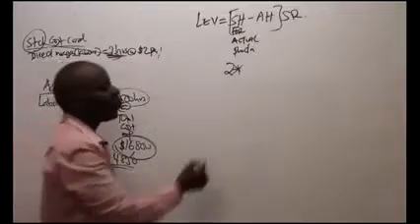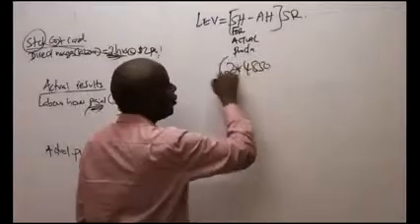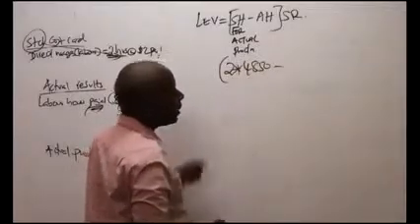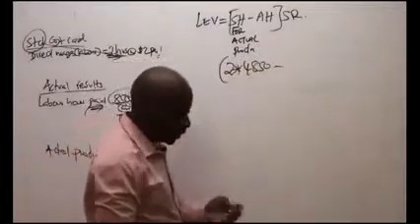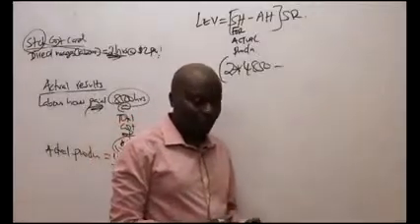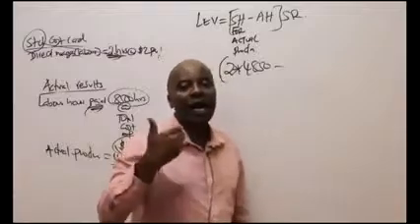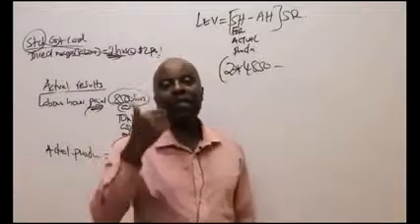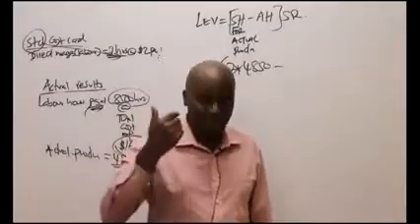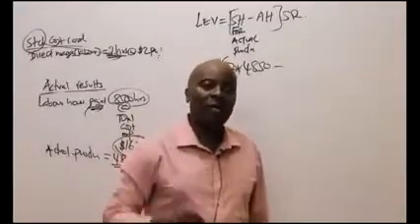So we have 2 times 4850 minus actual hours. Ladies and gentlemen, for actual hours, how many actual hours should I use? How many hours did these guys actually work?